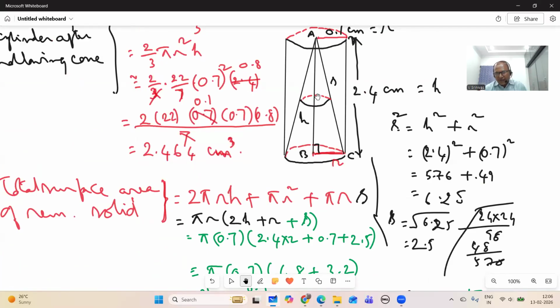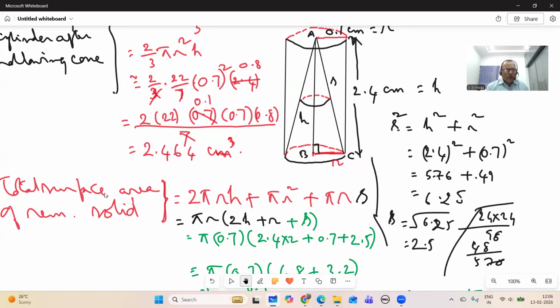It is this lateral surface of this cylinder, its area is 2 pi r h, plus this top face of the cylinder will be there, that is pi r square, and this bottom face will not be there because this cone is hollowed out. So this bottom face is removed. But additionally, the lateral surface area of the cone forms.